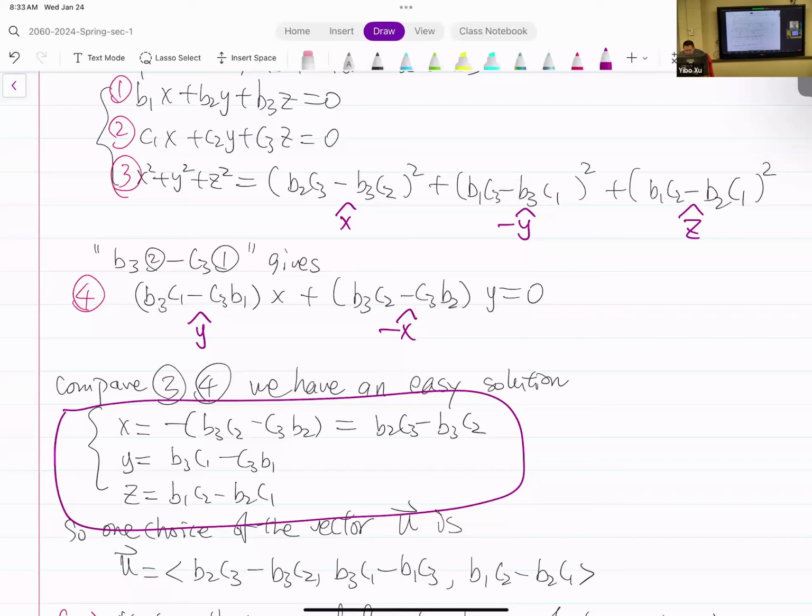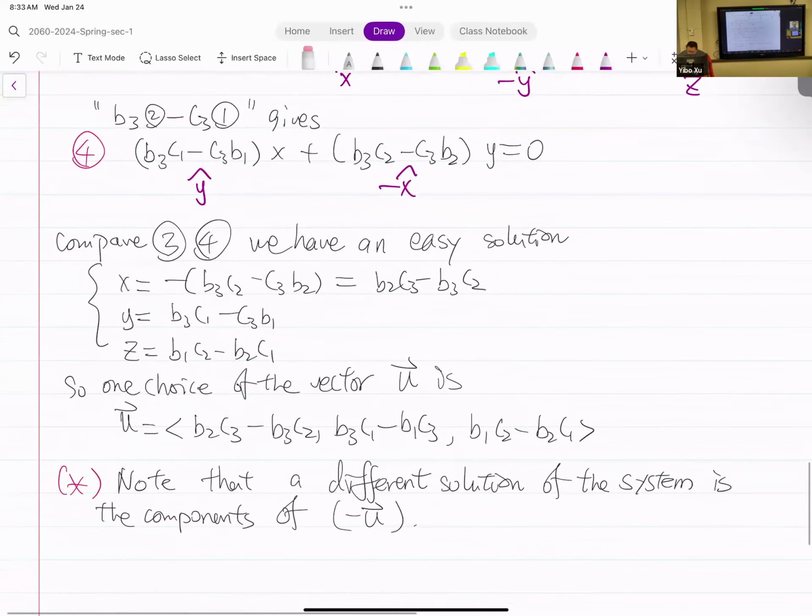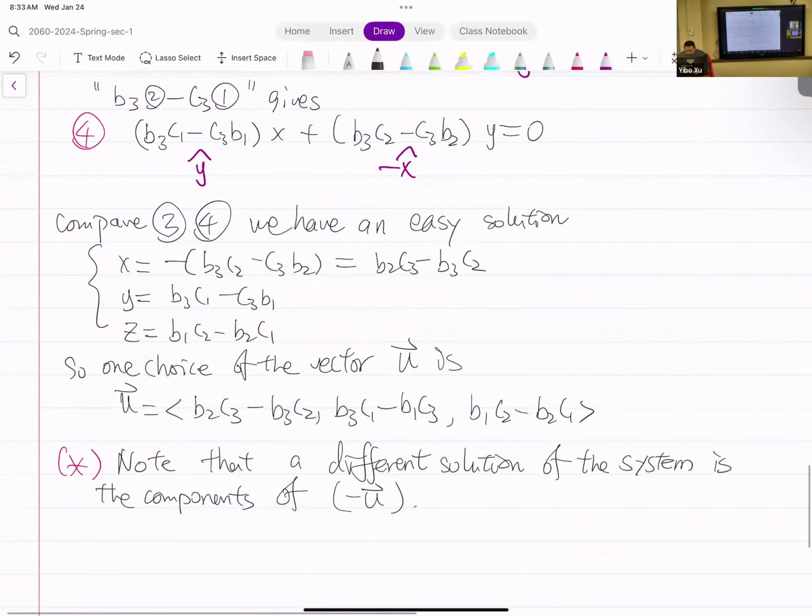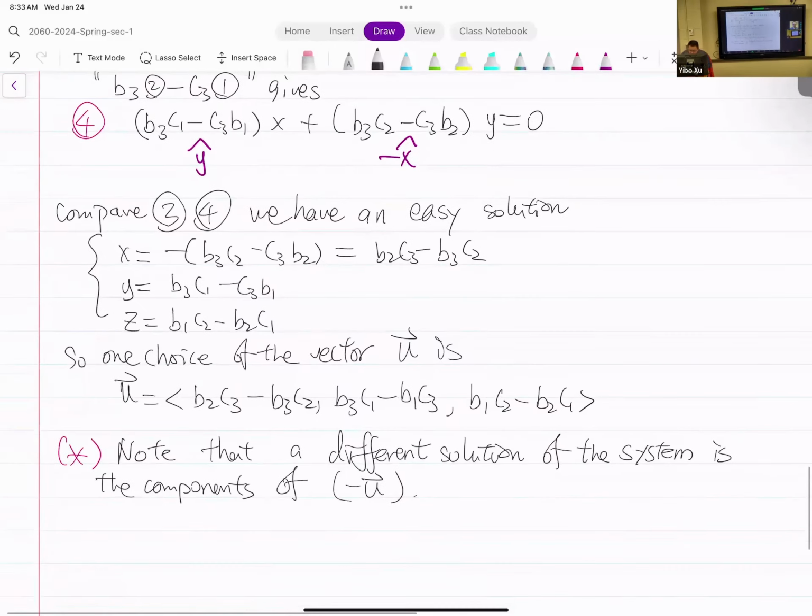And for 3, the sign of x, y, z doesn't matter because 3 is a spherical equation. So indeed, negative u also is a solution of the system. So we somehow need to define the one that we want.